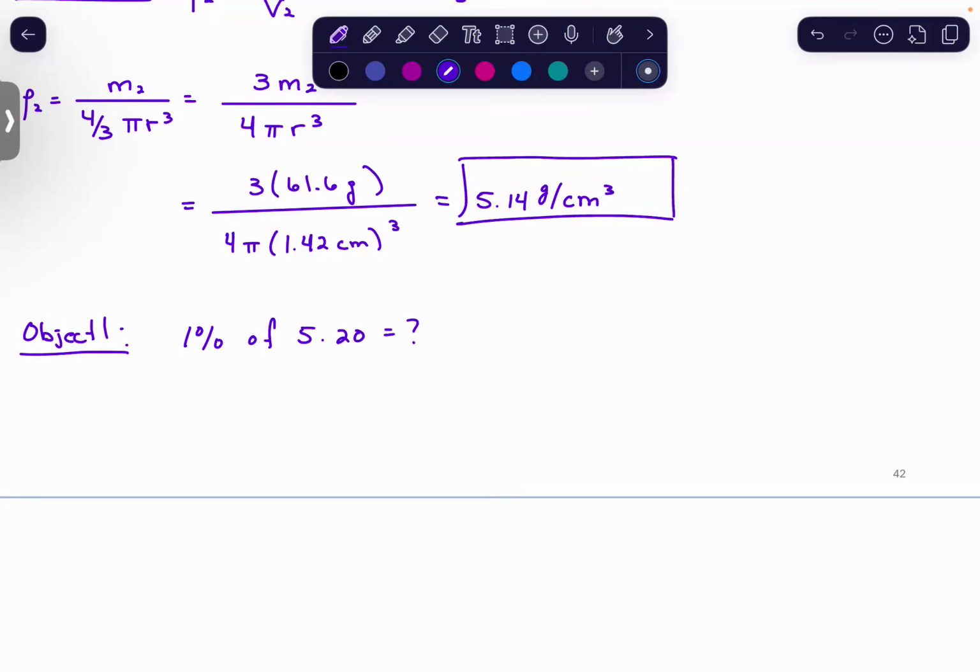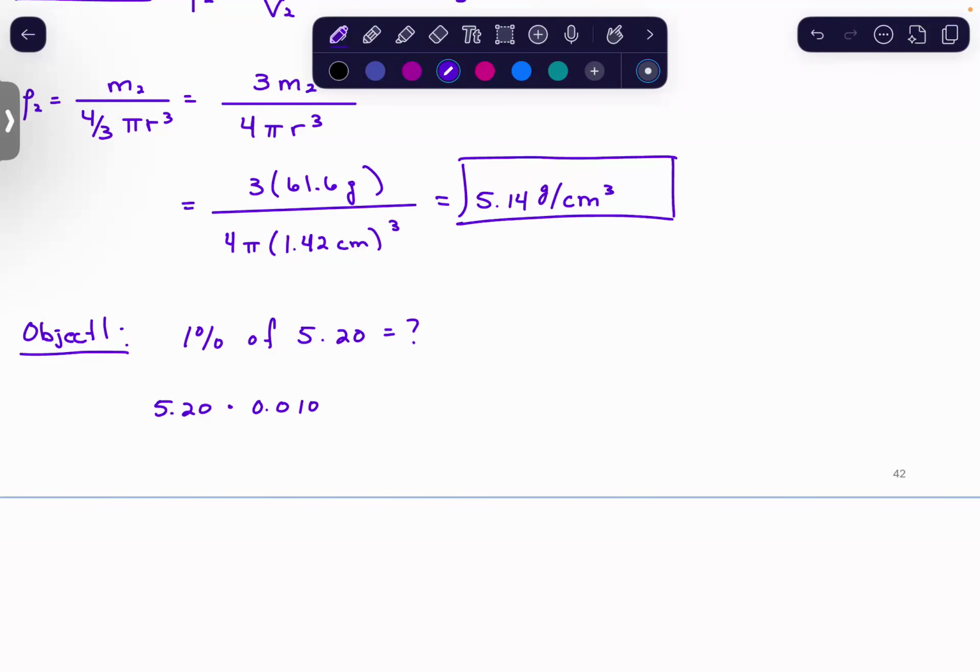That's what I'm trying to find here. So it's going to be 5.2 times, let me do this instead, a dot. And you know that 1% in its decimal form is 0.010. I put that last zero on there to get to two significant figures.